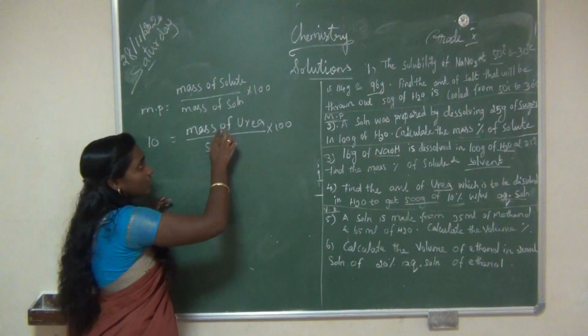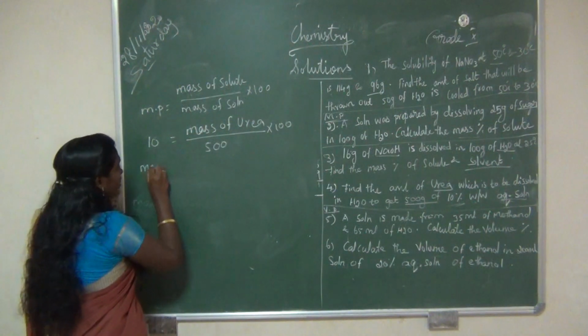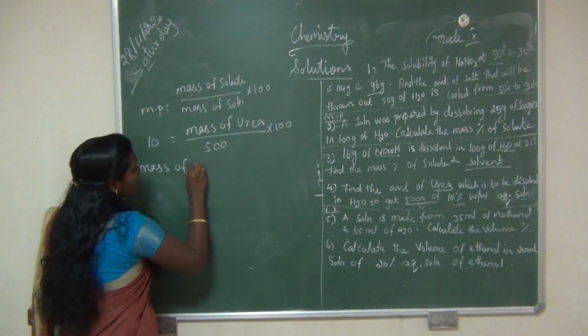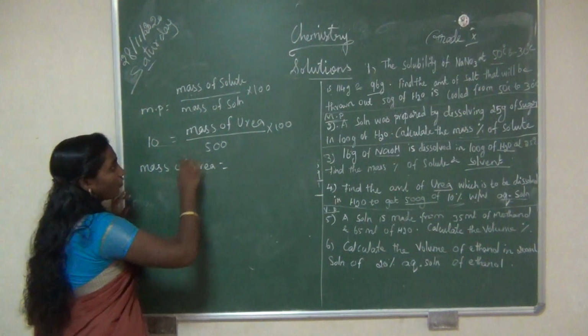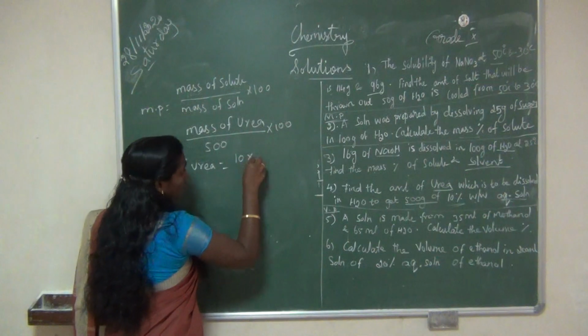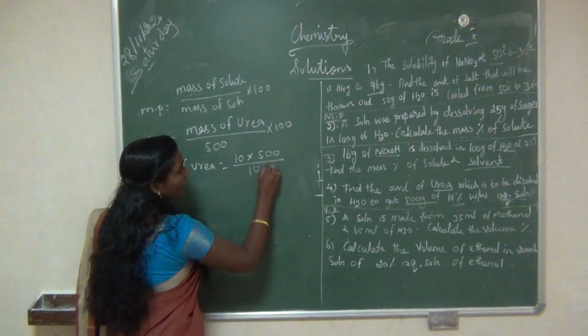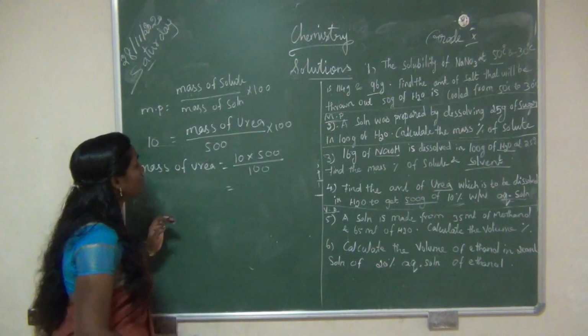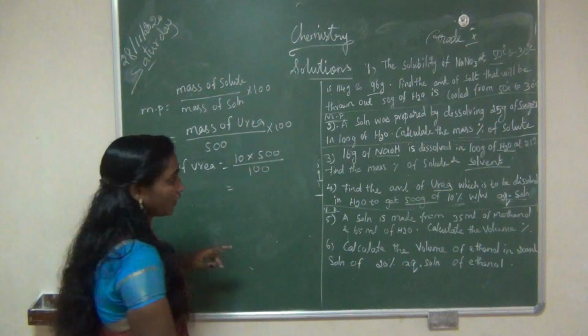So we should take this mass of urea on the left side. So mass of urea is equal to 10 into 500. Cross multiplication. 10 into 500 divided by this 100. 10 into 500 divided by 100.